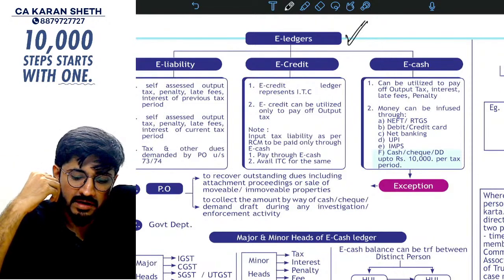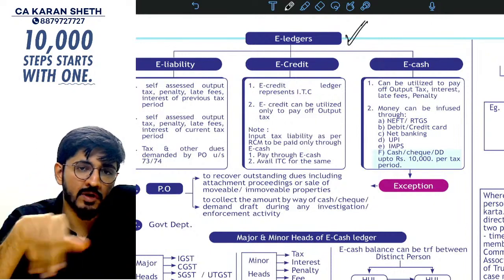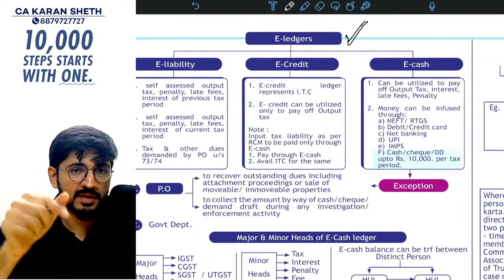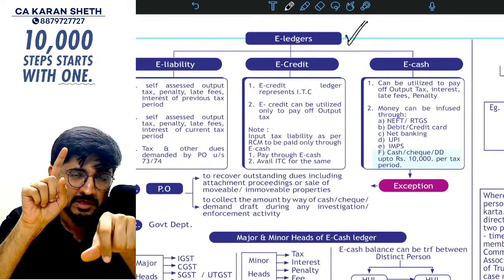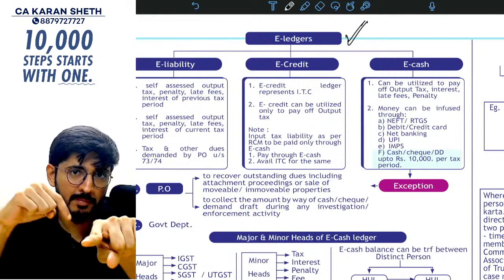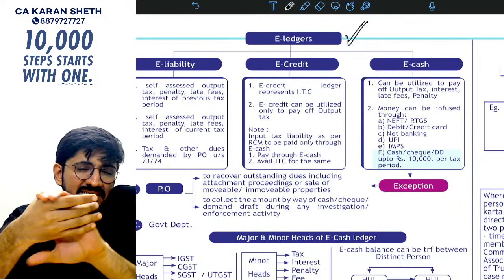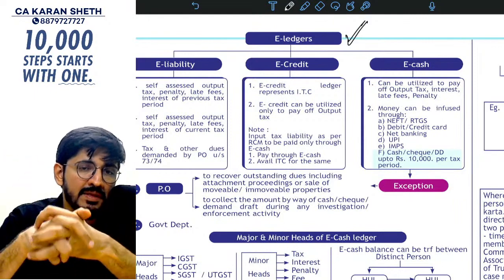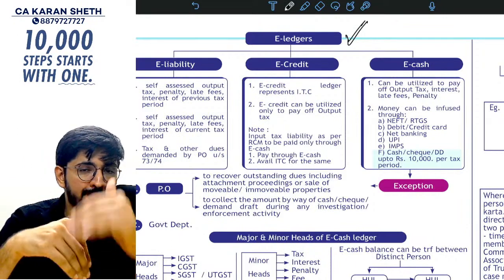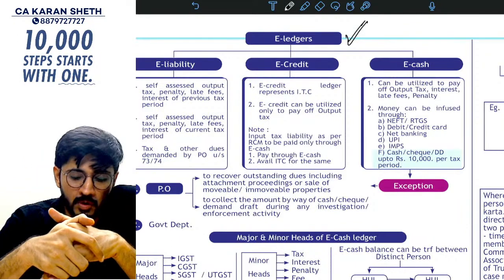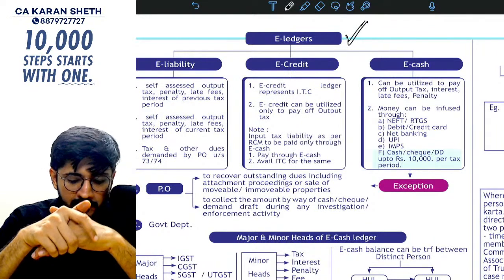So if the credit that you have utilized to pay off your liability is not enough, so your output tax is 10 lakhs, your ITC is 9 lakhs, you will have to deposit 1 lakh from your bank account in the e-cash ledger. E-cash ledger is like the e-wallet that you use not for shopping but for paying taxes. Got that? Yes. Okay, perfect.